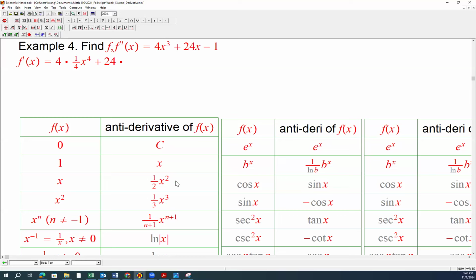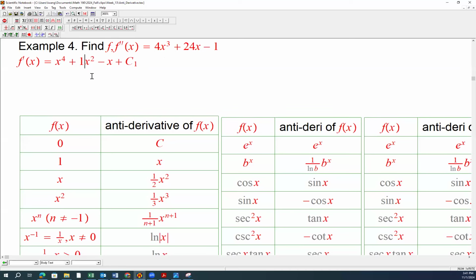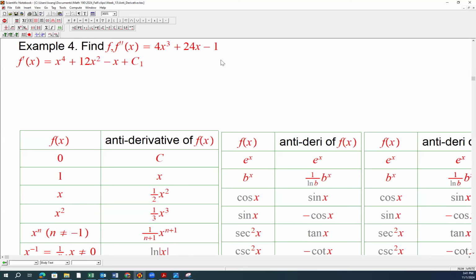The antiderivative of x is half x squared, minus x plus c1. Simplify, this is going to be 1 and this is going to be 12. And that's F prime.